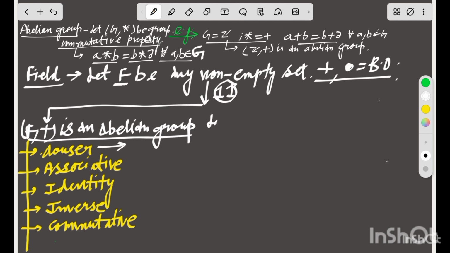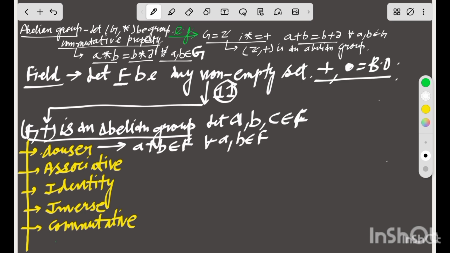Closure means: let A, B and C be any elements of the set F. If we operate A and B, the result is in F, for all A and B belonging to F. Associative means if we add B and C and then add A, or if we add A and B and then add C, the result will be the same.